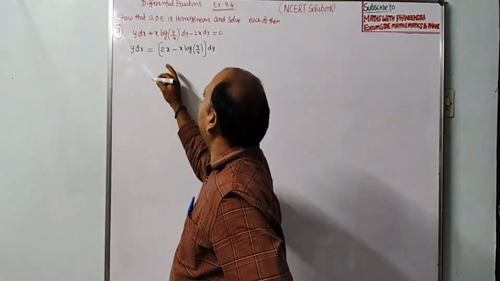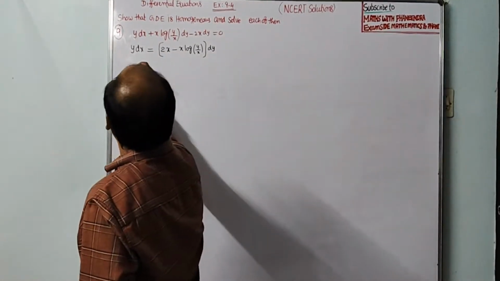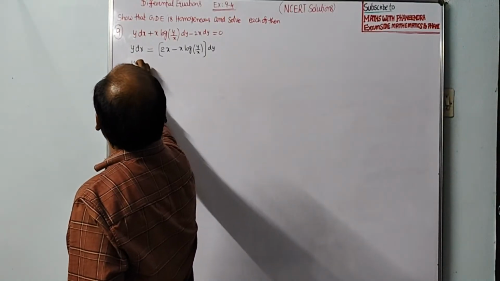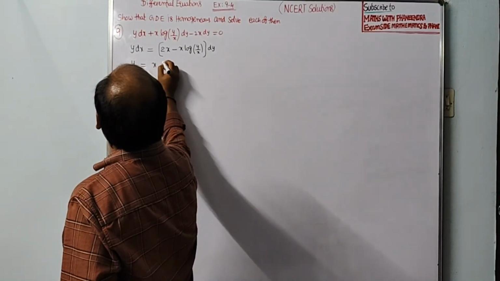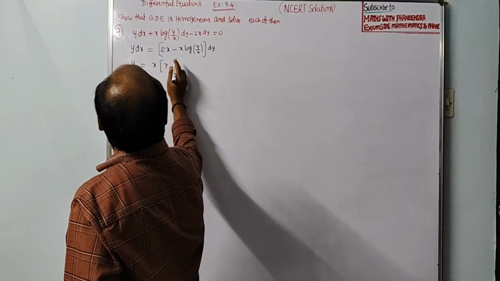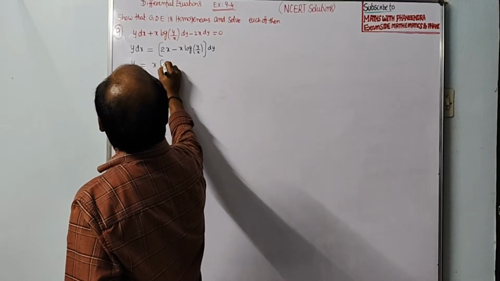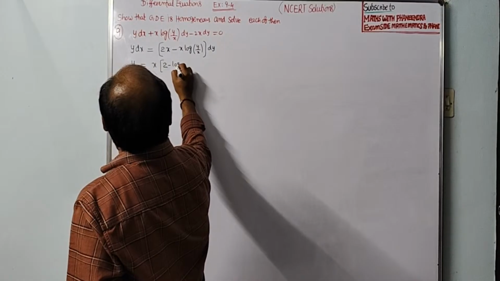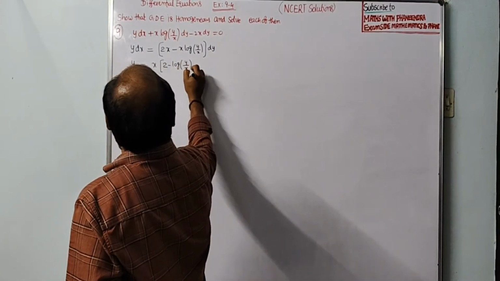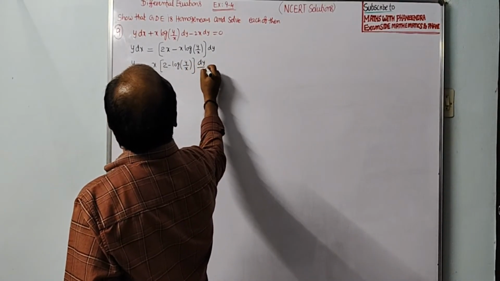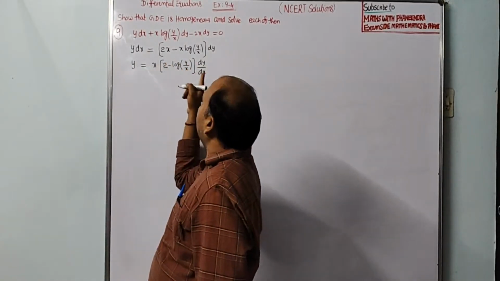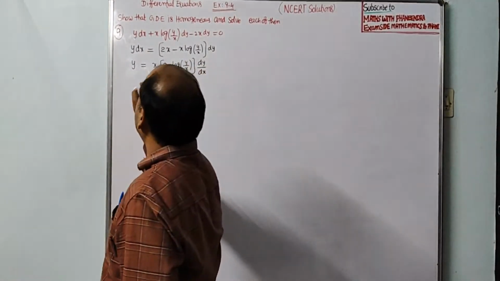In the next step, x we are taking common and dx bring this side. So y equal to x into 2 minus log of y by x into dy by dx. Here dx will be brought to the same side, even x also bring to the side.